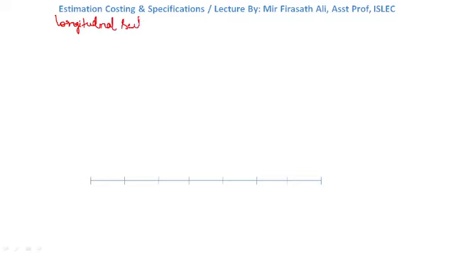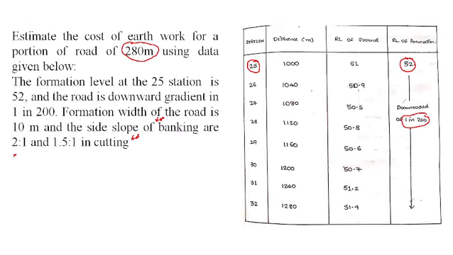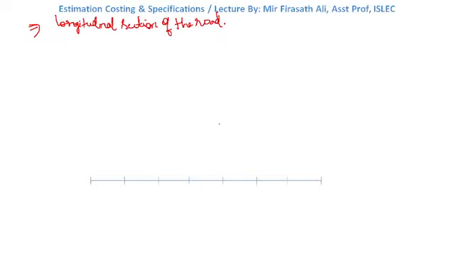Longitudinal section of the road. We will do this on this slide. As our stations are given, name these stations. See, 25, 26, all these are our stations till 32. You need to name these stations. The first station is the 25th station.